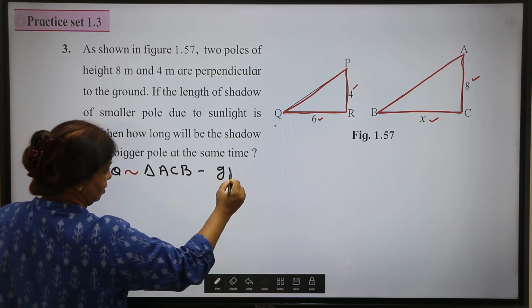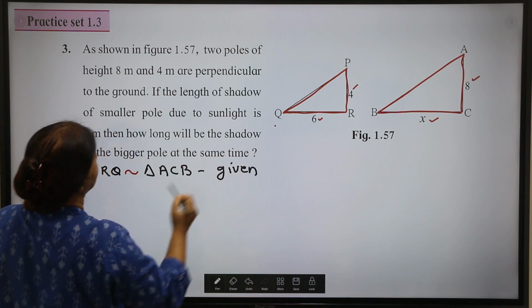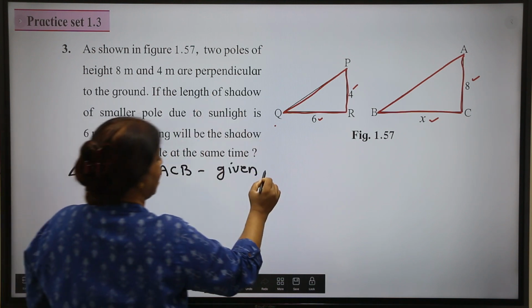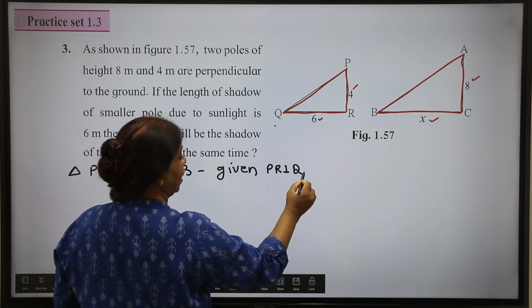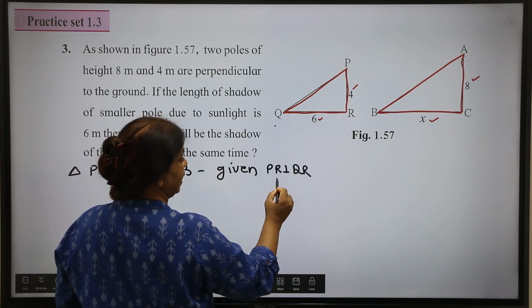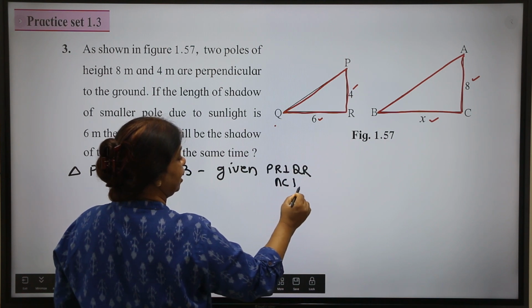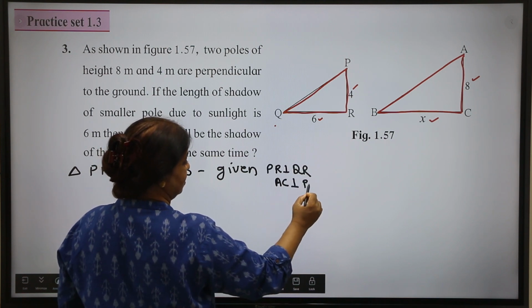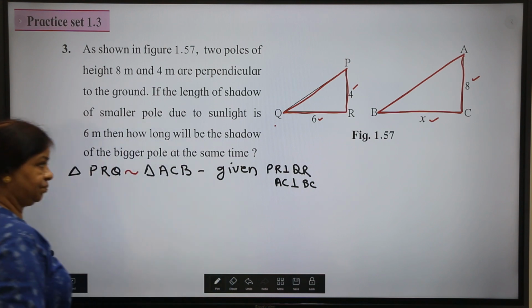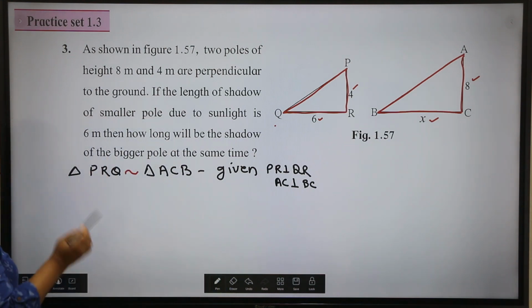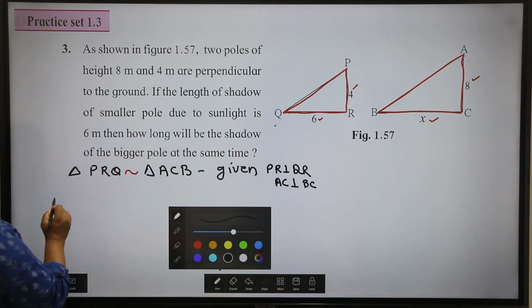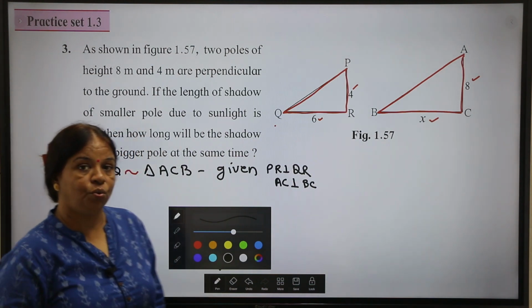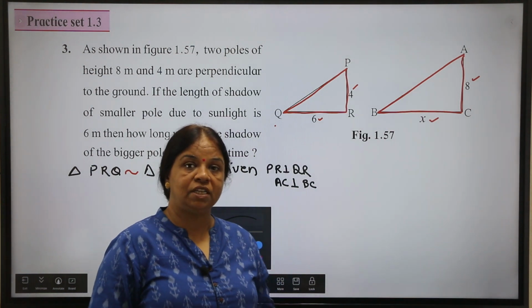It is given because they are perpendicular. PR is perpendicular to QR and AC is perpendicular to BC, and therefore they are similar. Now, if those two triangles are similar, we can easily use the corresponding side ratio.